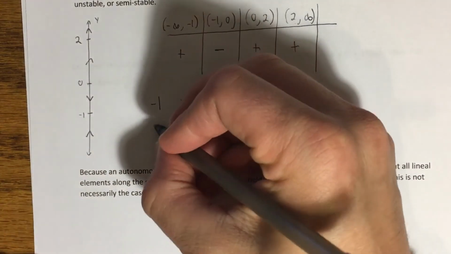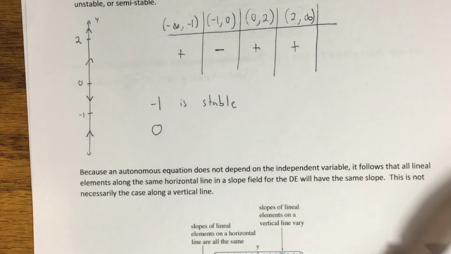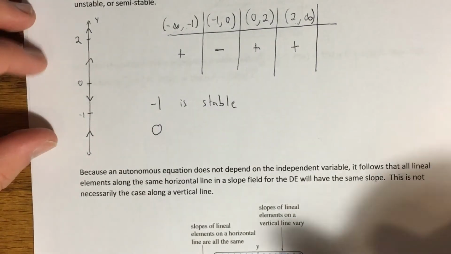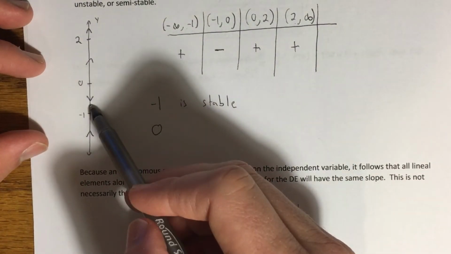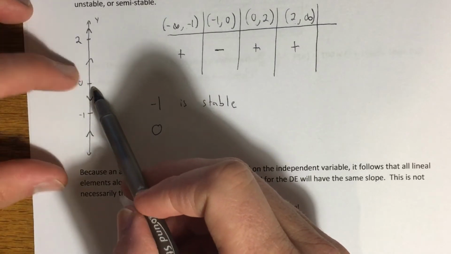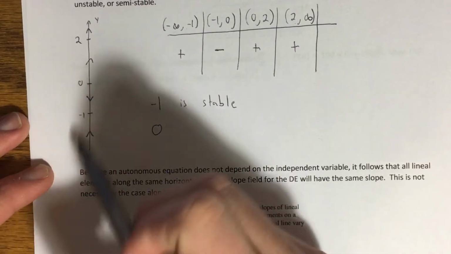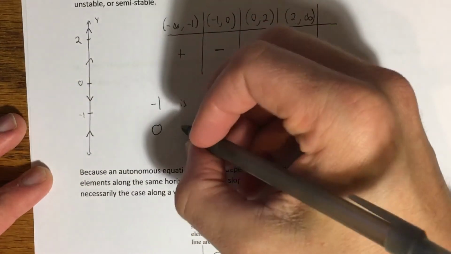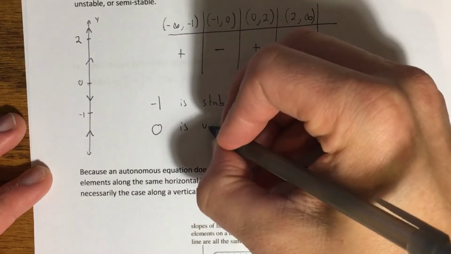What about 0? Is 0 stable, unstable, or semi-stable? Well, whether I'm above or below that critical number of 0, I can see that my solution curves will be moving away from that critical point. So that makes 0 unstable.